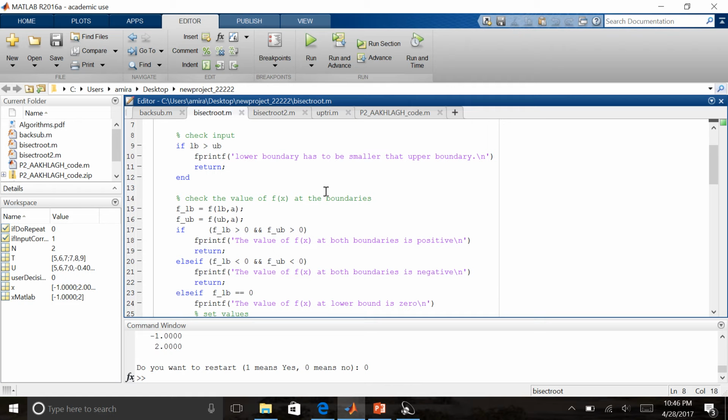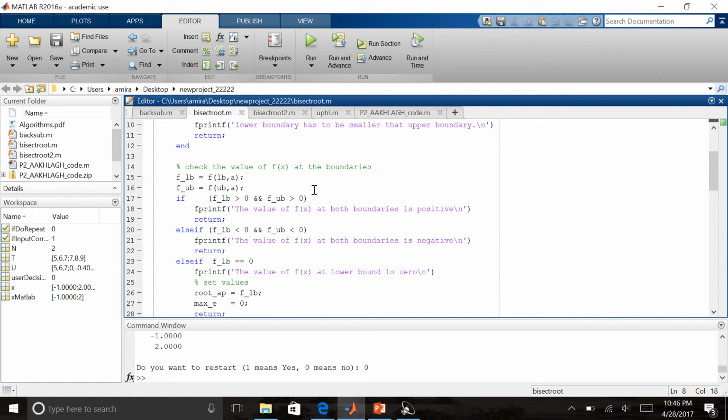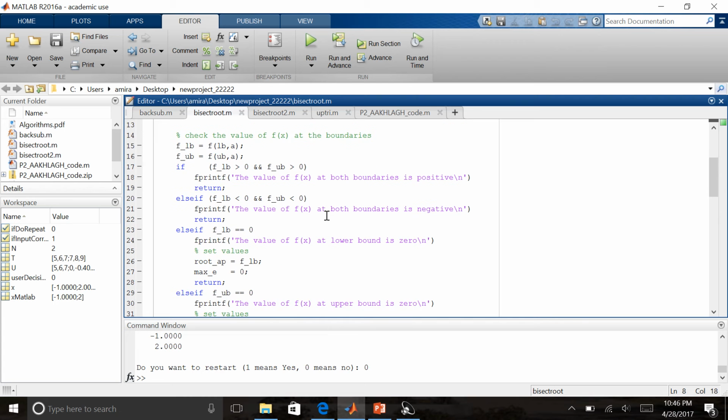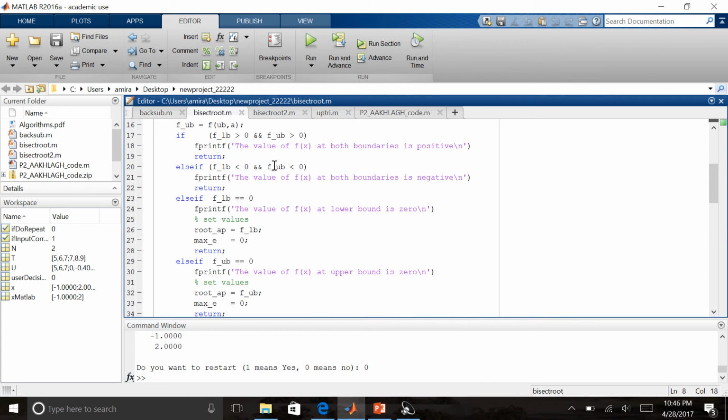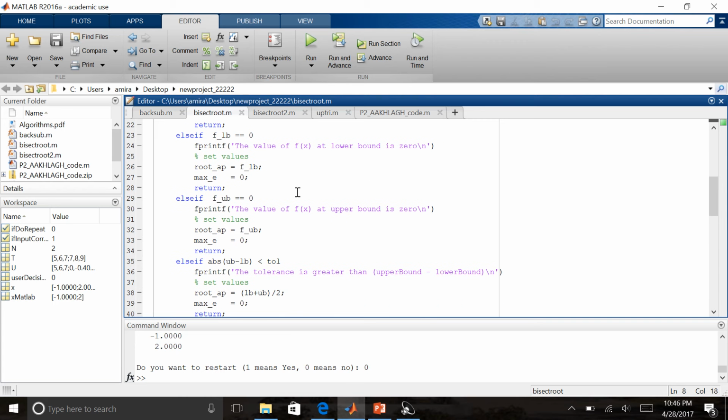So we have our function here with the lower bound and the upper bound. We also have to make sure that if the lower bound is positive, that the upper bound is negative, and we can't have them if they equal 0 in this case, then we have our approximation root equal that, and our maximum error also equal that.